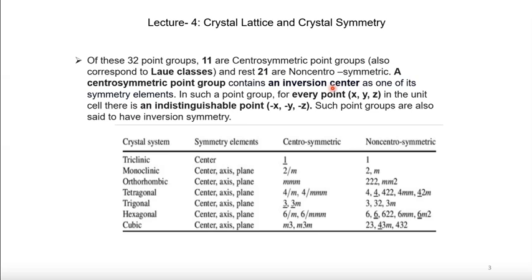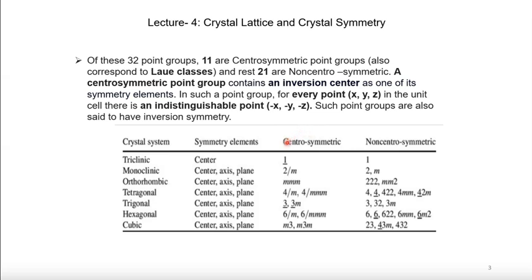What do we mean by inversion center? Let's say we take a point in a unit cell, and its coordinates are x, y, z. If we have an inversion center, we get another indistinguishable point, -x, -y, -z. I repeat, these are sometimes shown as bar x, bar y, bar z.